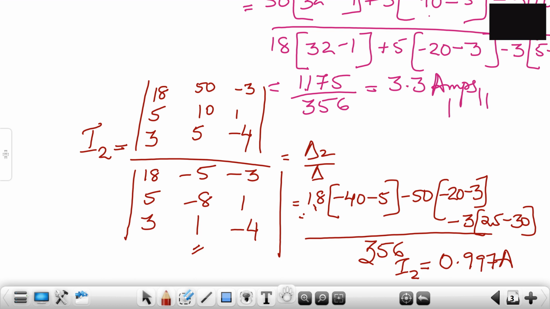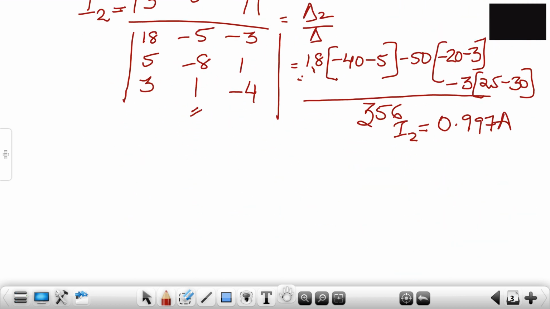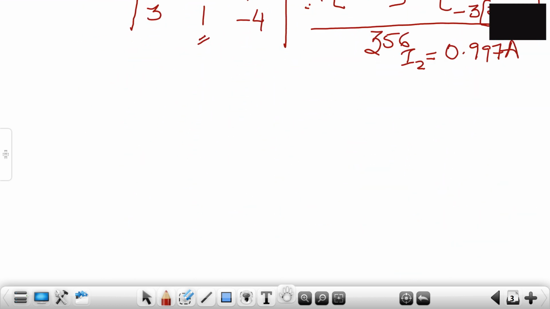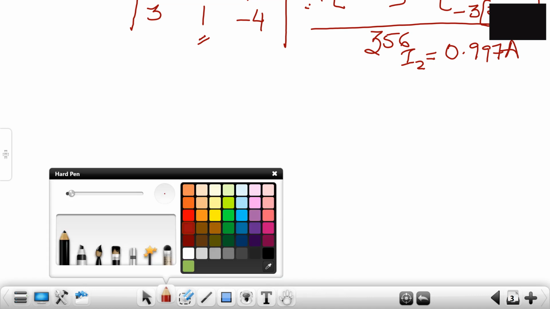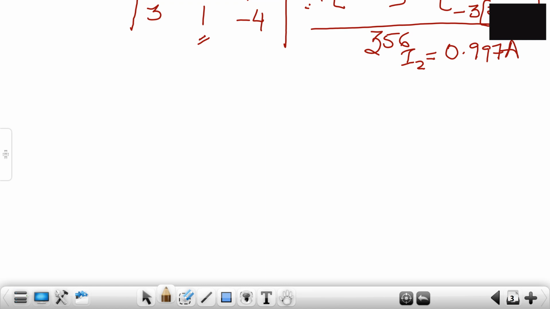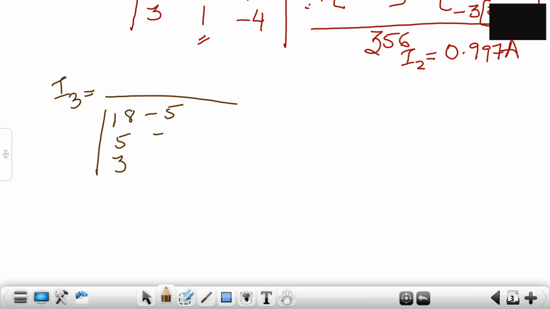And let's find out I3. Again you write the determinant with respect to Cramer's rule: 18, 5, 3, minus 5, minus 8, 1, minus 3, 1, minus 4.